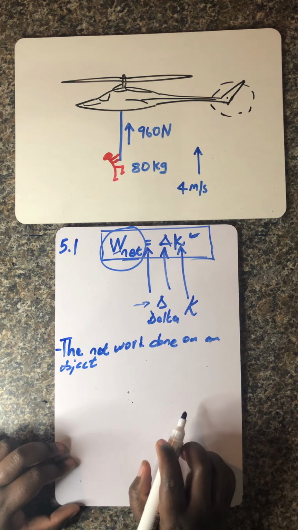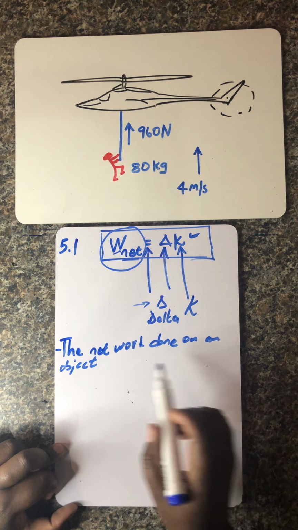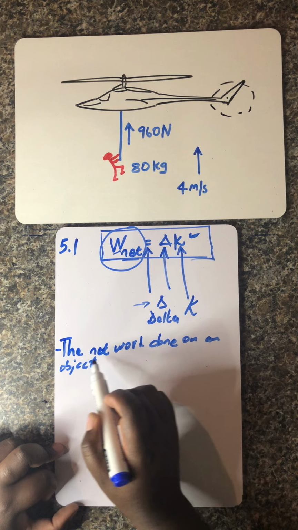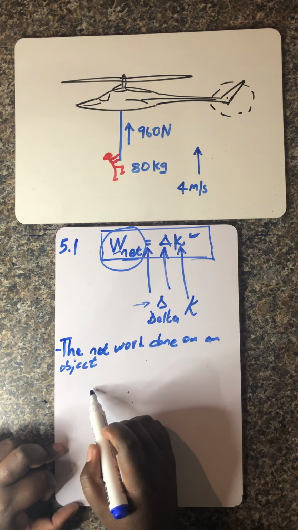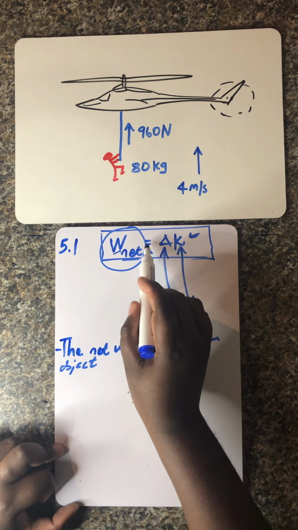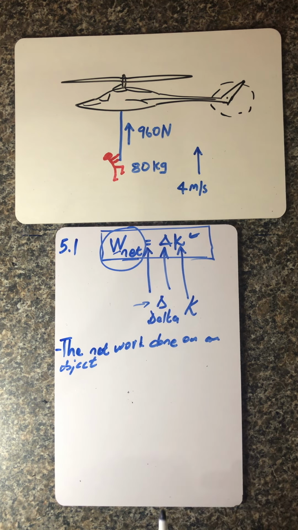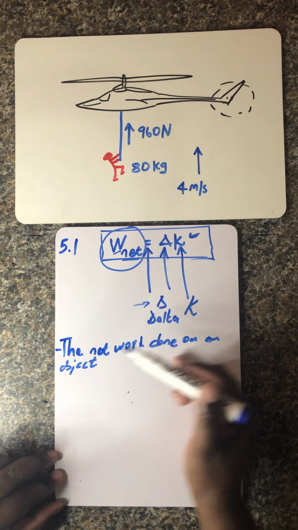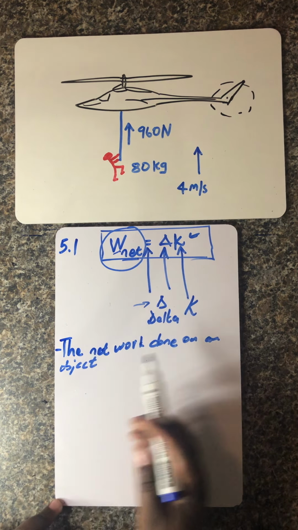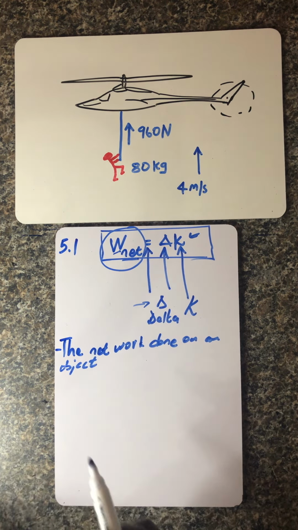Okay, so ladies and gentlemen, it's very much important that you indicate that the work done on an object, you cannot just say the work done is equals to the kinetic energy. Okay, so you need to state it in full words, so that it serves as a good indication that you come from good hands.